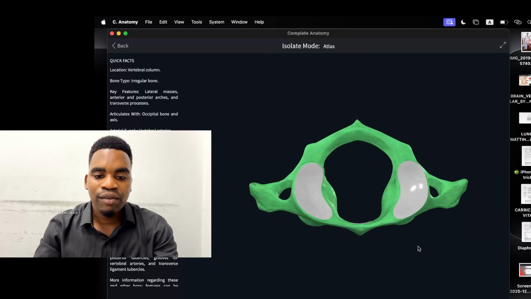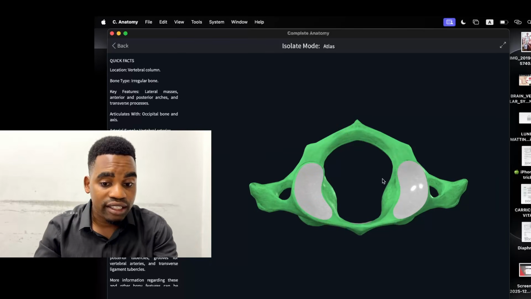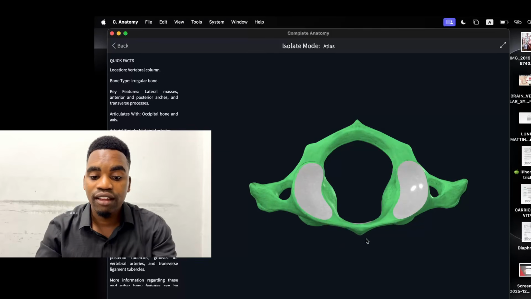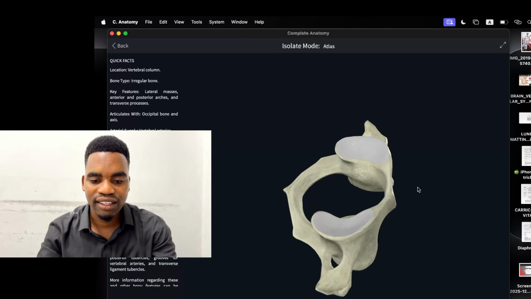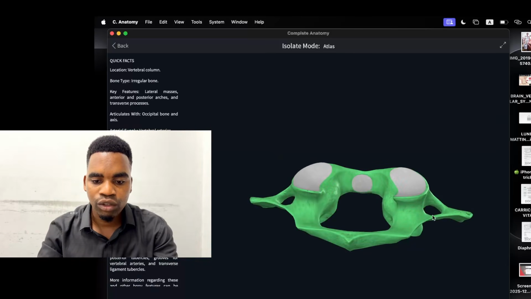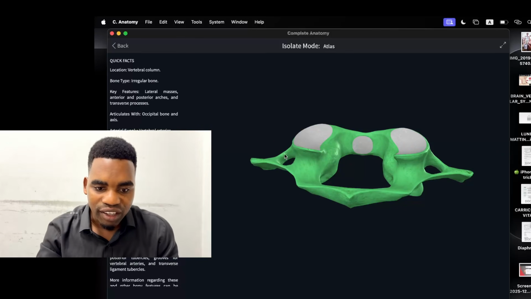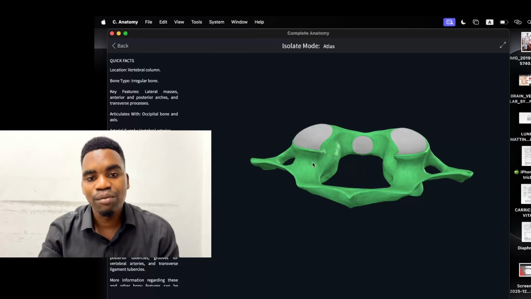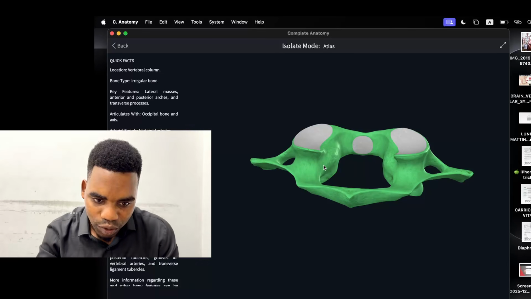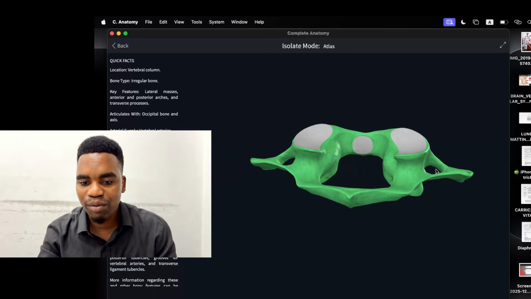We've seen that C1 has no body or spinal process, so it gives an arch. We basically have the ventral arch and the posterior, or dorsal, arch. It also has a groove for the vertebral artery.